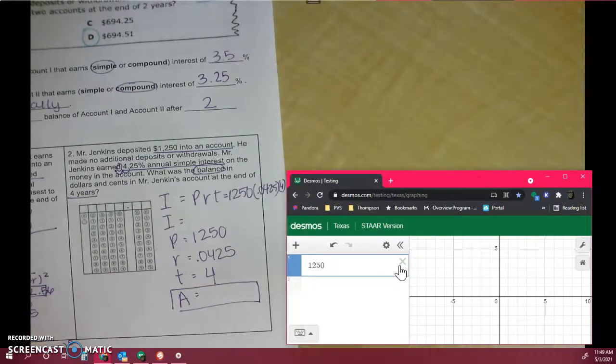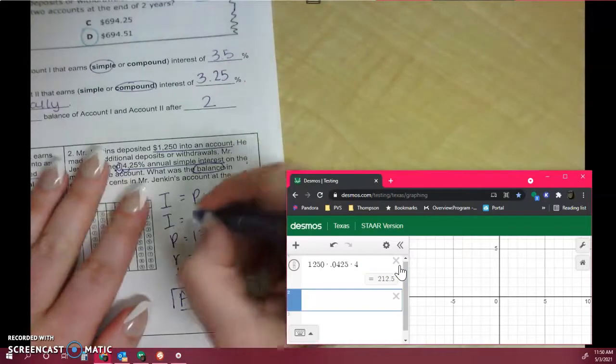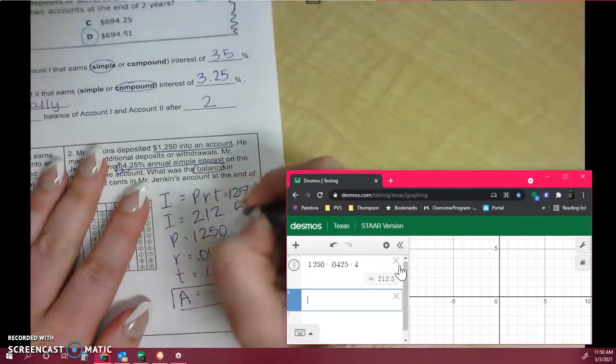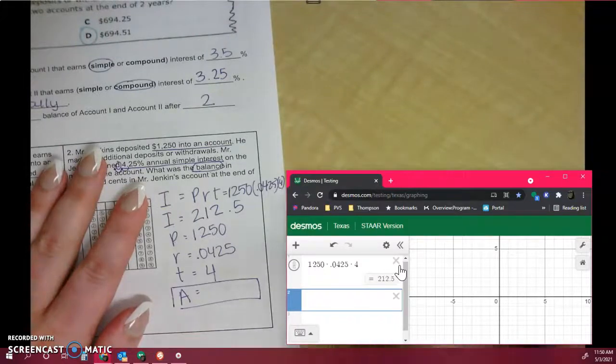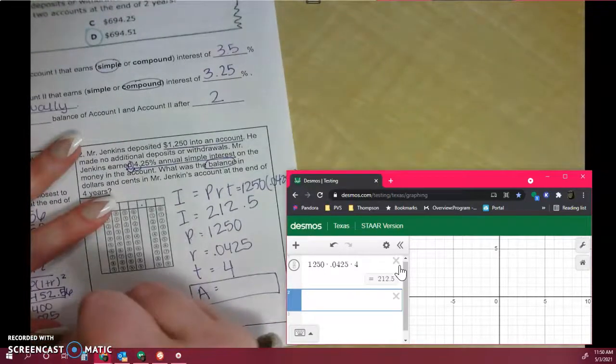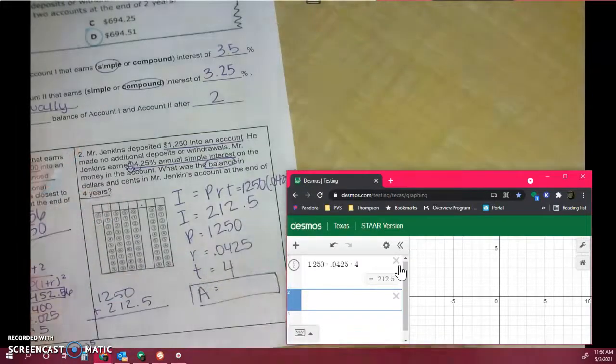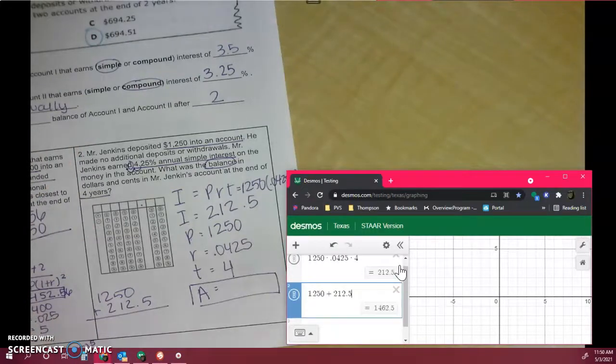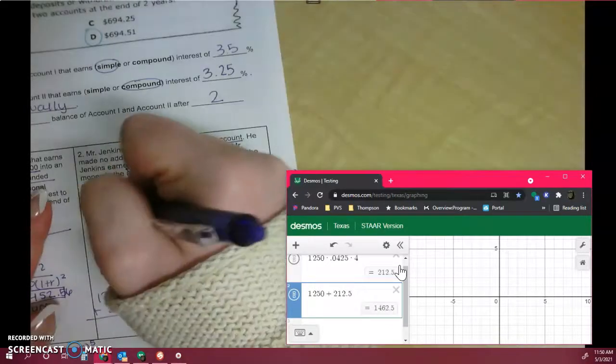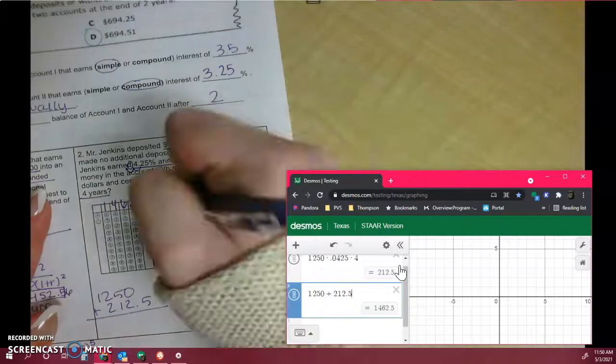So 1,250 times 0.0425 times 4 years. So our interest earned is 212.5, and we have to add that back to our principal, which comes out to 1,462 and 50 cents.